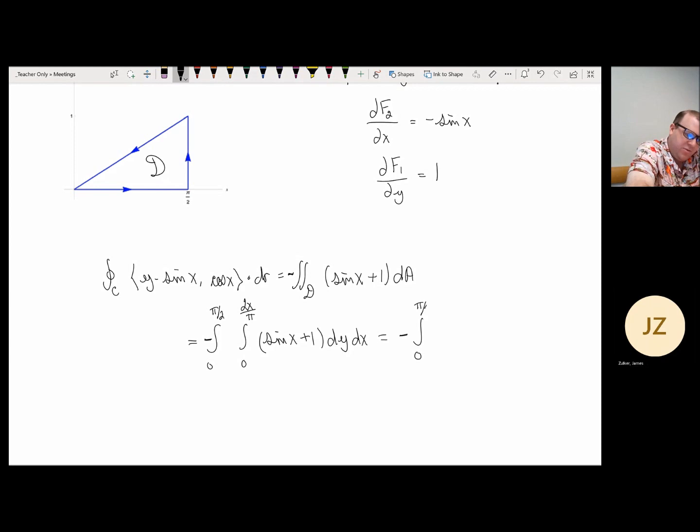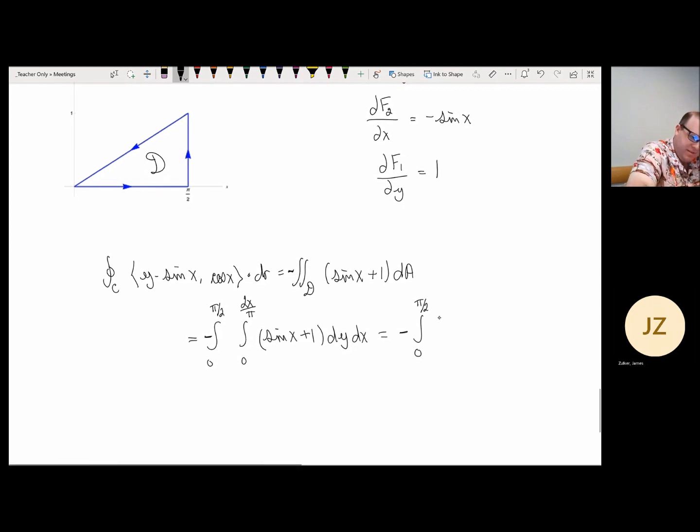Zero to pi over 2. Two over pi x sine of x plus 2 over pi x.